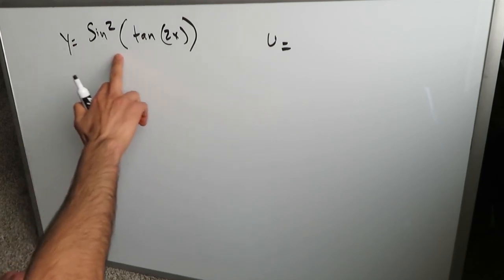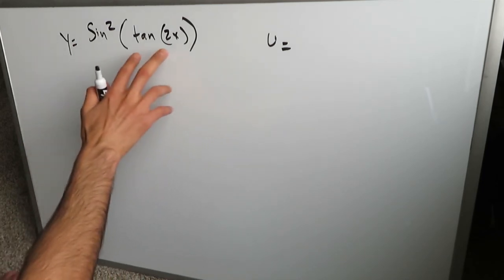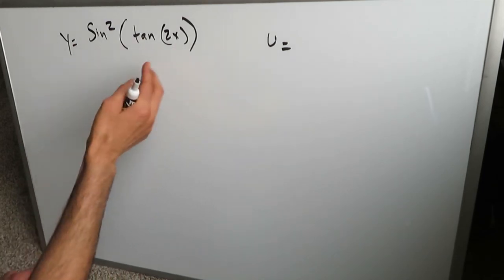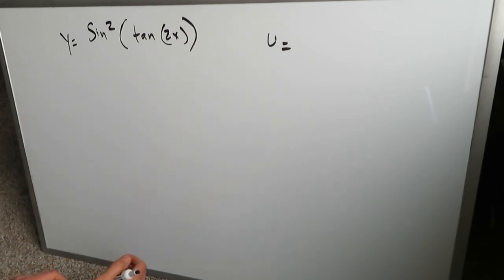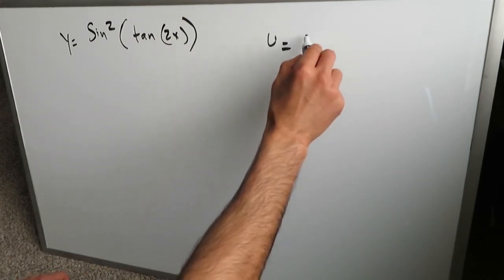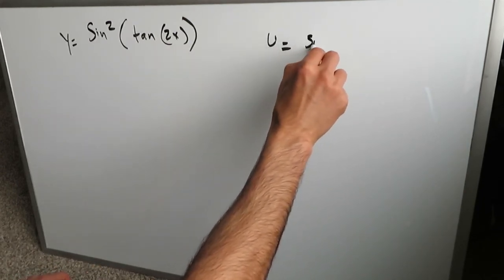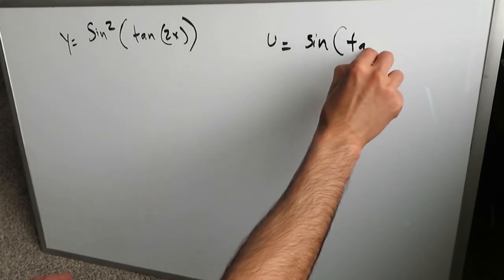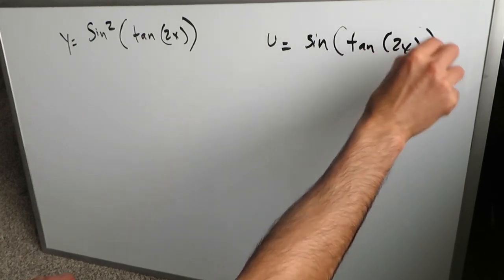So when you're looking at this, you know you're looking at a composite function, and this composite function may have several sub-functions in it, and therefore we'll be doing several different substitutions with it. So when we're looking at this, I want to make this initial substitution. I want to say let u equal sine tan 2x.